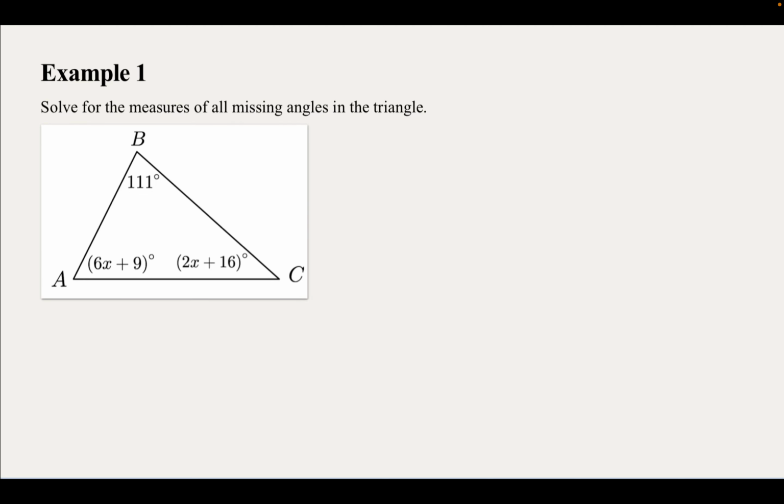Let's solve for the missing angles in the triangle. We've got triangle ABC, and I've got angle measures, and I want to find out the missing angles. I know that the Triangle Sum Theorem says that the angle measures have to add up to 180, which means the measure of angle A plus the measure of angle B plus the measure of angle C equals 180 degrees.